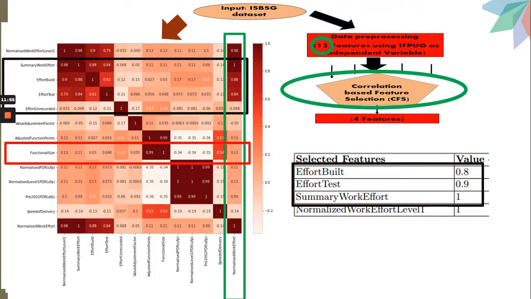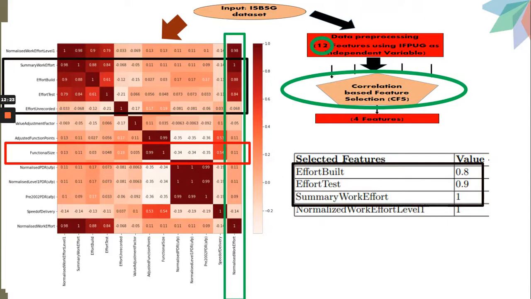That indicates a very weak correlation of functional change size with enhancement effort when compared to other features such as the effort build and the effort test summary work effort. Results show that choosing functional change size generated from the IFPUG sizing as the primary independent variable may not provide an accurate enhancement effort prediction.